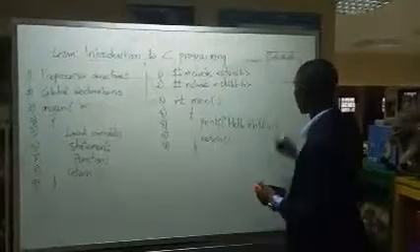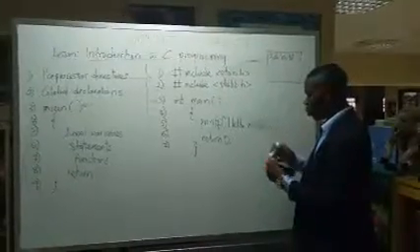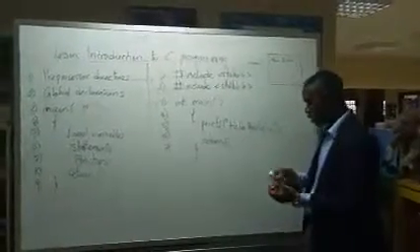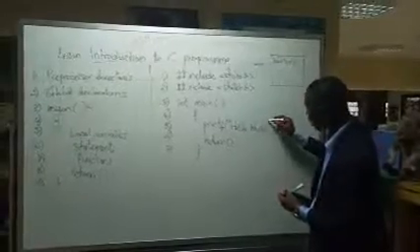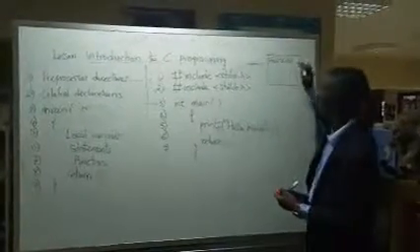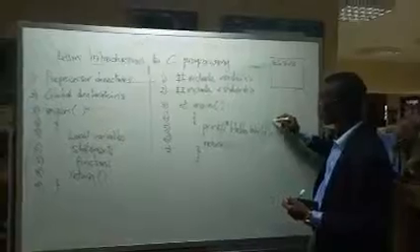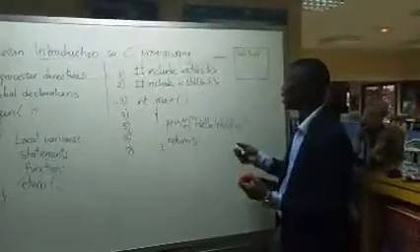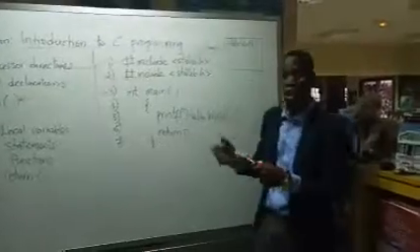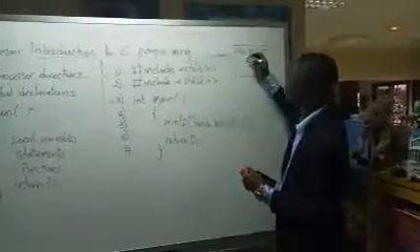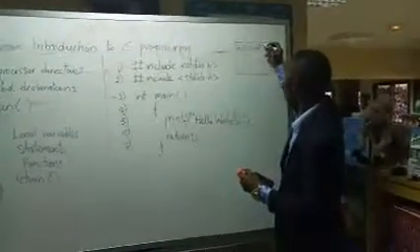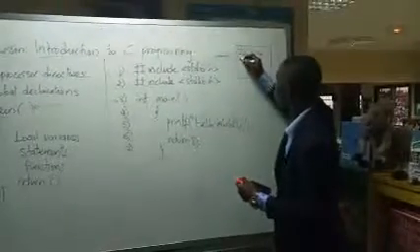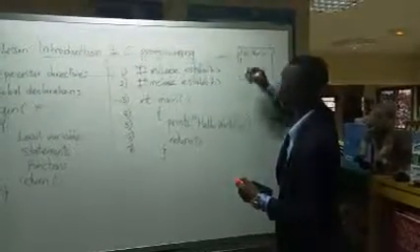If you look critically, you see there is a \n here. You see, it will not appear on the screen because this \n is simply a literal which says move to the next line. It means that after writing hello world, the cursor will not remain at this position. It is going to be blinking rather on the next line.